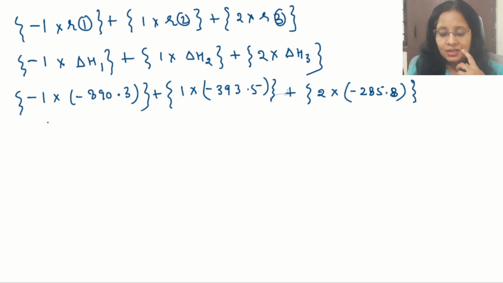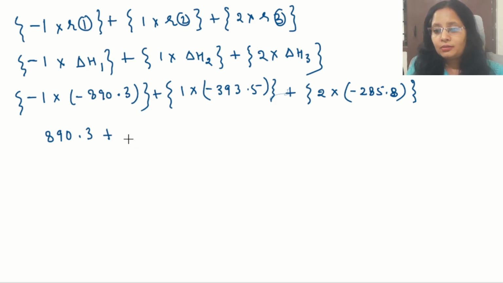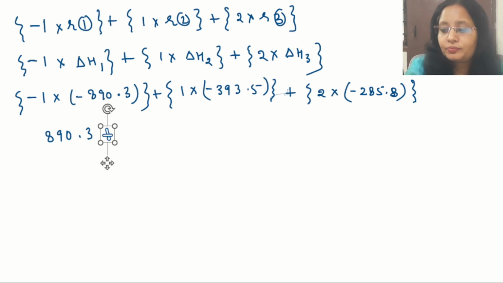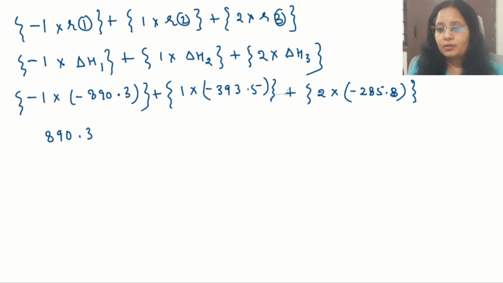Now get the answer. Minus times minus becomes plus, so 890.3, plus this is minus, so we will write minus over here: minus 393.5.